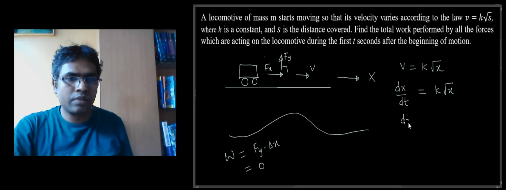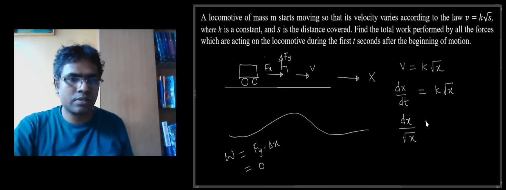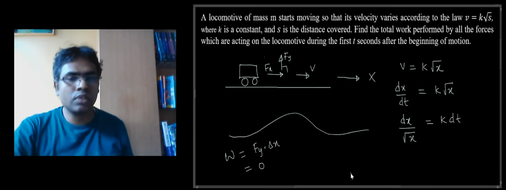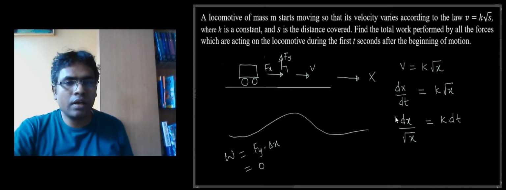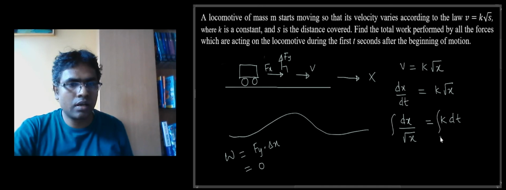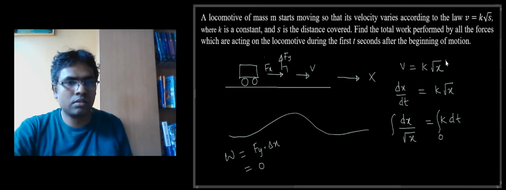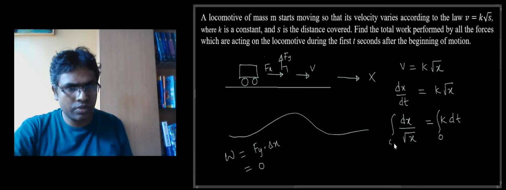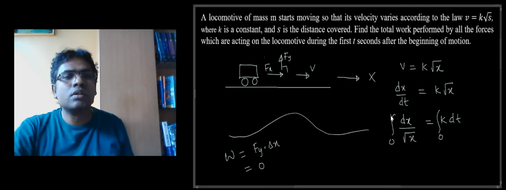So we can separate the variables here. I have dx by square root of x is equal to k into dt. Now, if I integrate on either side, at t equal to 0, the velocity is 0. So in the beginning, the position is 0. It has not covered any distance. So the velocity is 0, the position is also 0.